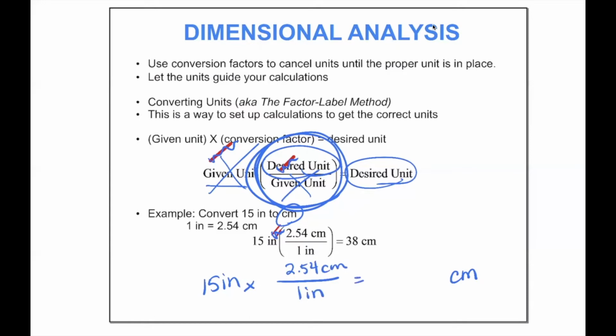Notice that I put inch on the bottom so that it would cancel from the given unit. And notice centimeters is on the top, and so that's the unit I ultimately want. And so if we do that math out, we get 15 times 2.54, that is 38. And if we cancel the inches, we end up with centimeters. So that is a simple dimensional analysis problem.